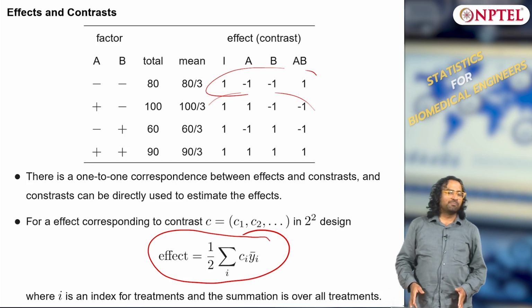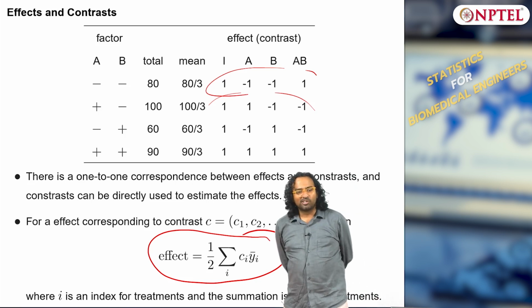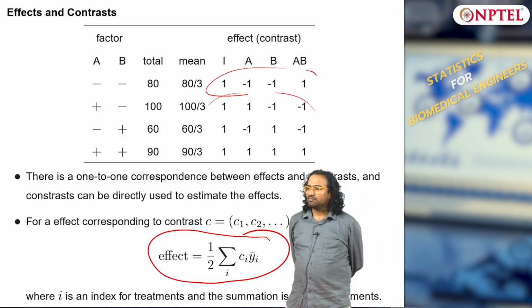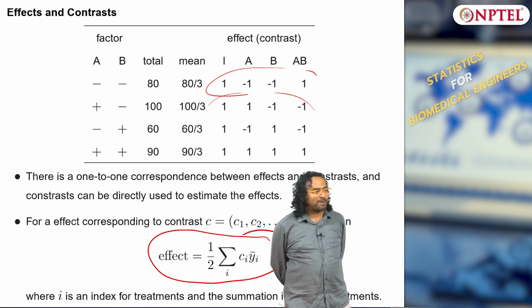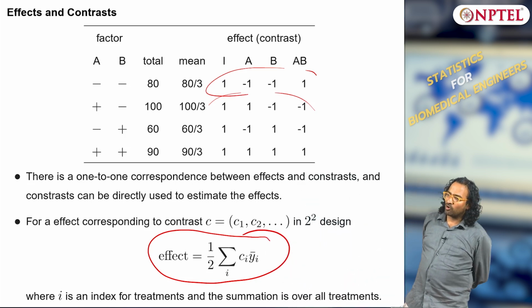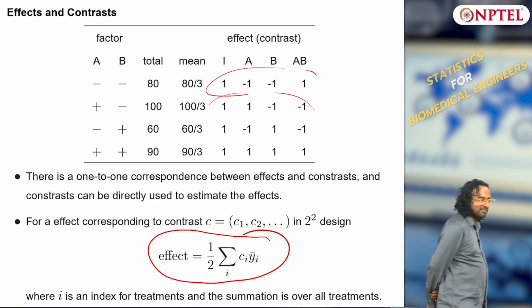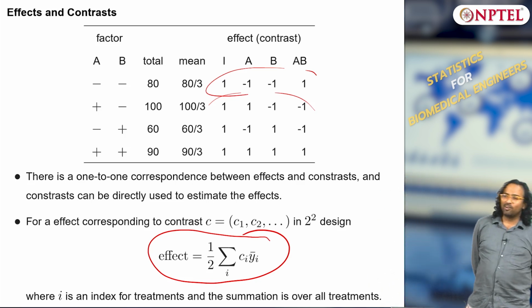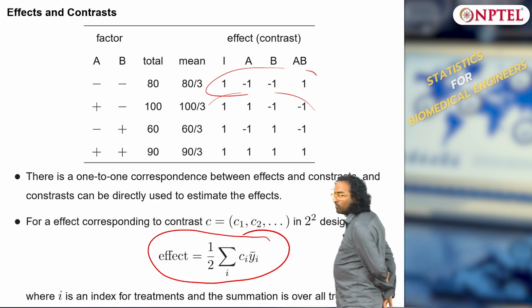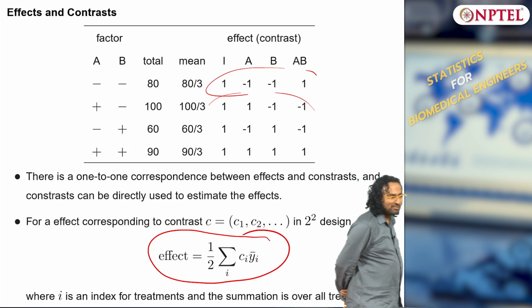Any effect I can simply take as half of your contrast into y bar summated over all treatments. So that is the reason why I wanted to bring this contrast. Okay. So now in one single compact form I have written all the effects, you do not need to every time break your head to look at all of this, it is just a simple half into contrast into yi bar, that is all. Okay.